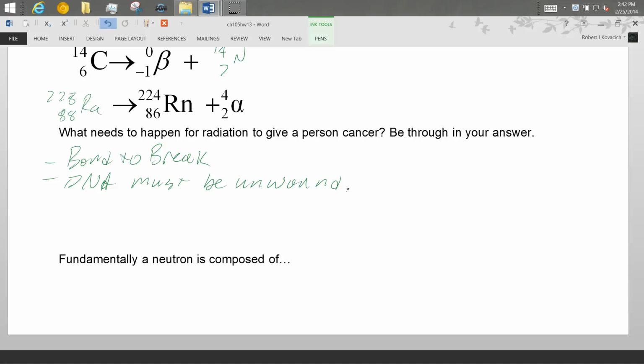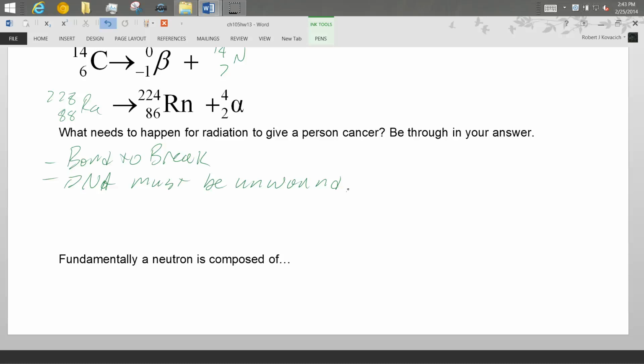And then when it wraps itself back up, you didn't notice anything, and then it copies itself. And then the protein it makes from that copied DNA is now the wrong protein, and the cell freaks out and could go cancerous. So you need the bond to be broken, and you need that bond to be broken in DNA, and the only way to do that is to have DNA be unwound.